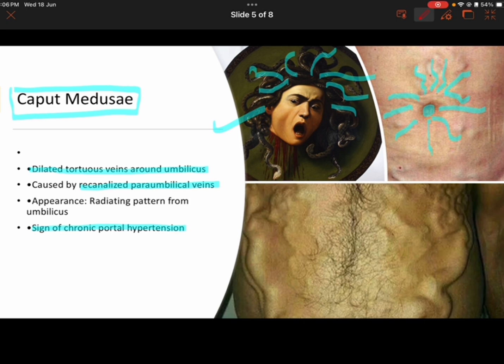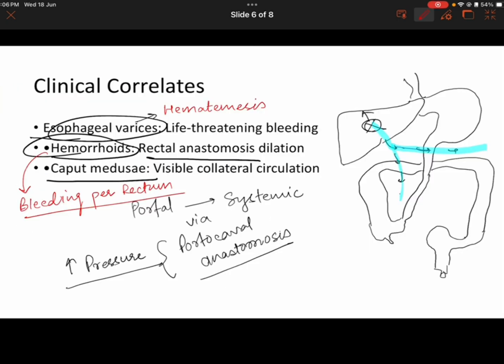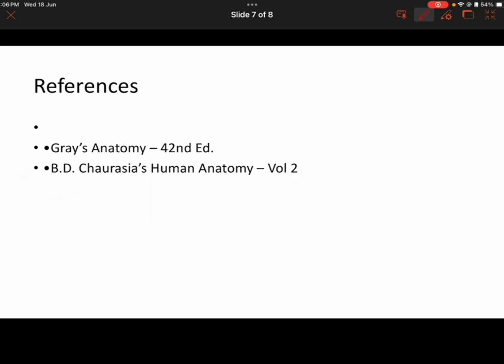So now I hope you have understood what are portocaval anastomosis.